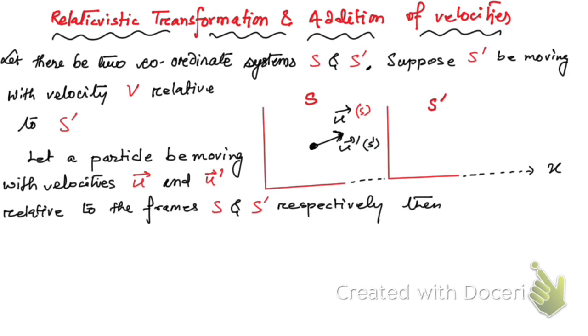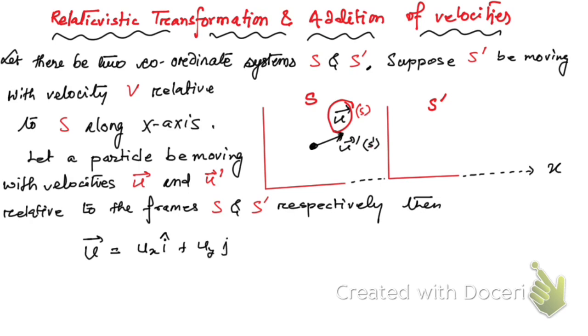Then let me mention one more thing. Sorry, it's supposed to be S. So this S dash is moving relative to S along the x-axis. Now this velocity in space, this u, can be written in this form: u is equal to ux i cap plus uy j cap plus uz k cap.